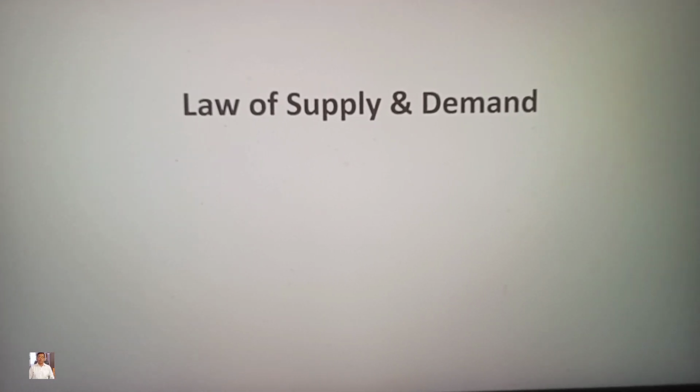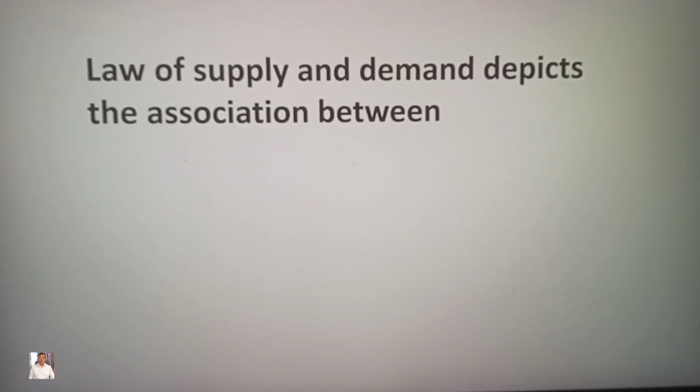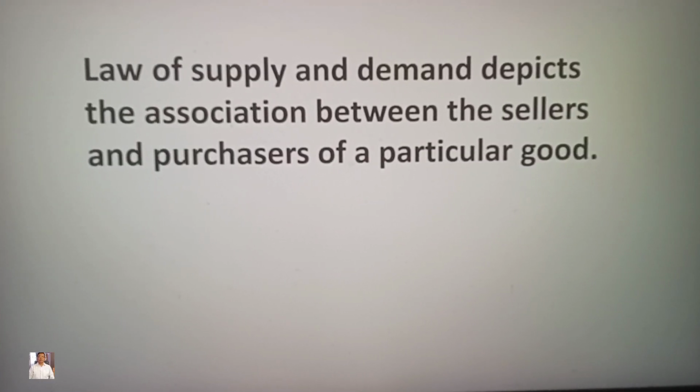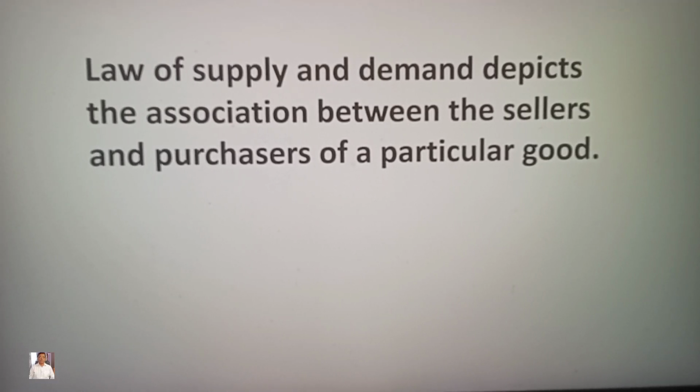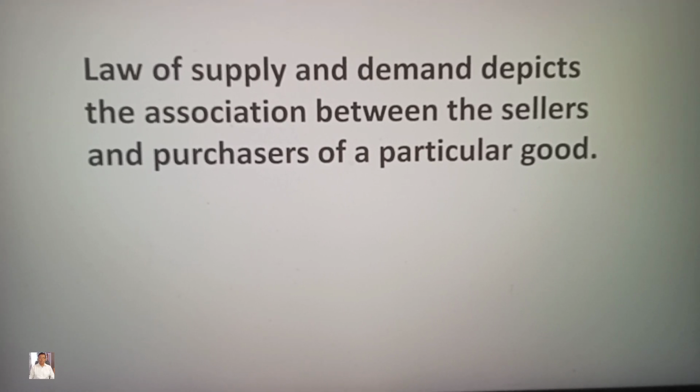Today in this session we will discuss the law of supply and demand. The law of supply and demand depicts the association between the sellers and purchasers of a particular good. It describes the relationship between the price of a particular good or product and people's willingness to buy or sell it.